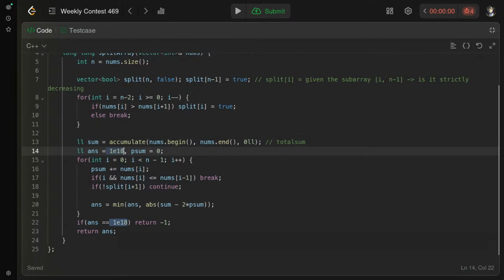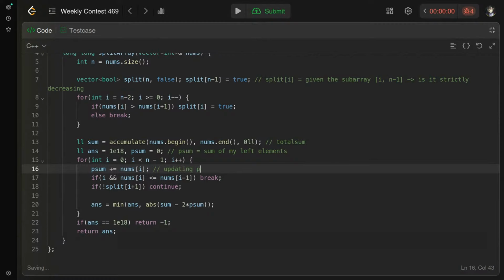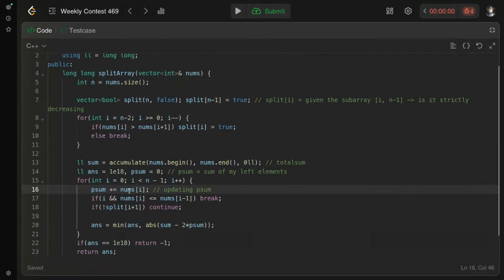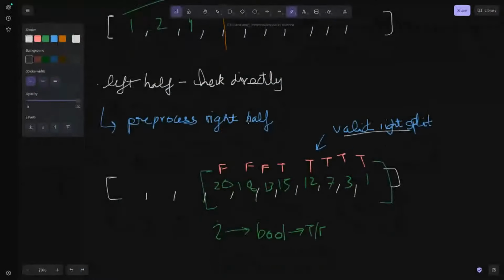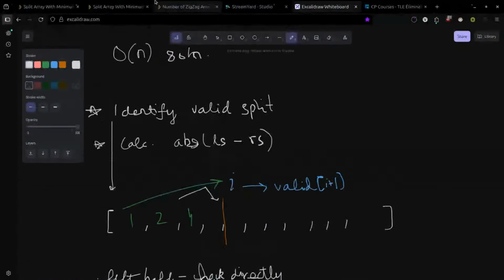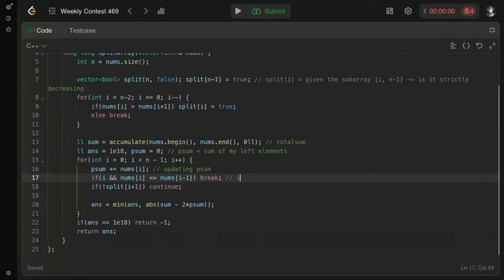I'm setting my answer equal to infinity for now, since we want to minimize this. And this is going to be my left sum or prefix sum, right? P sum is equal to the sum of my left elements. As you can see, I'm updating the prefix sum. Then what I'm saying is, if the left half has stopped being strictly increasing, if it starts decreasing, I can just break, right?